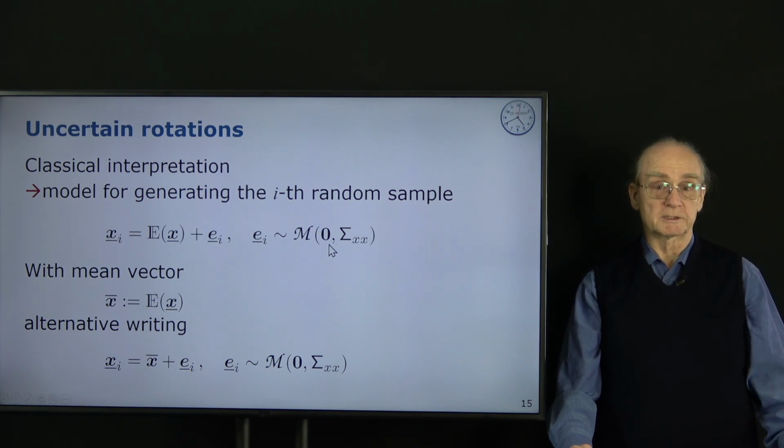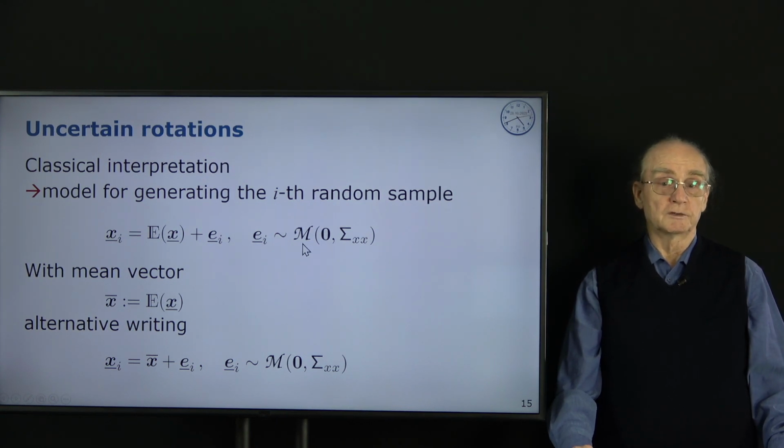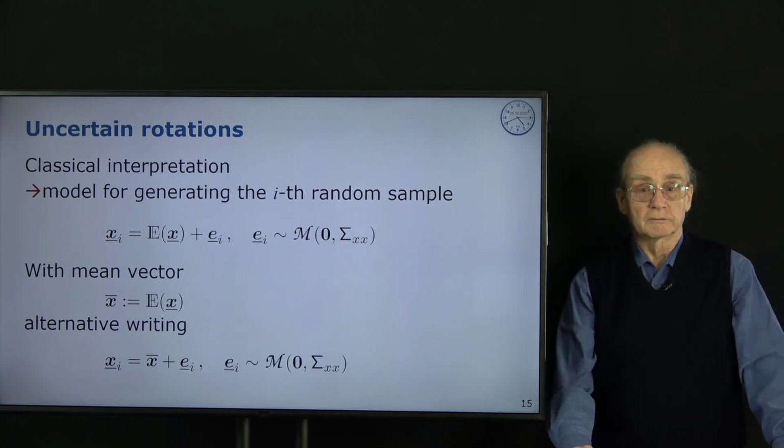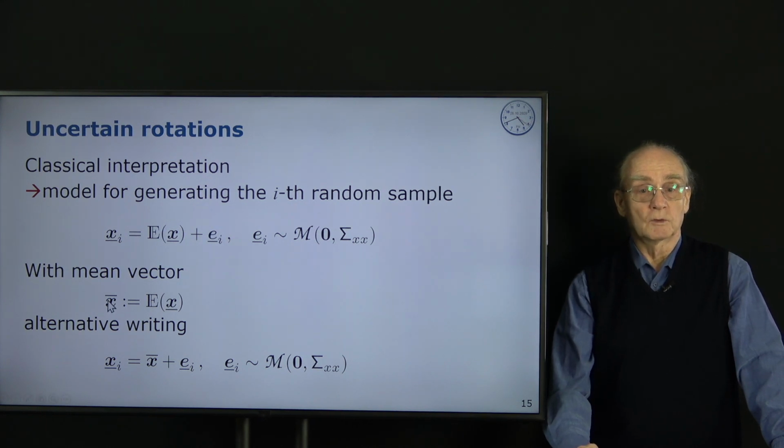We make this explicit, so the distortions have zero mean, and the covariance matrix of this vector. So usually we take a routine for generating random samples from a normal distribution, and with the mean vector, x overline, in order to have a short notation.